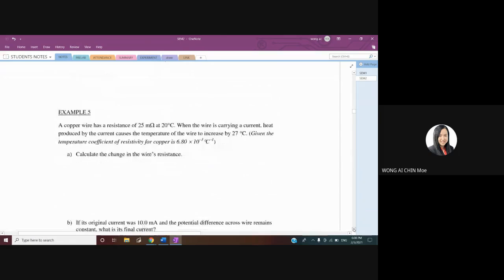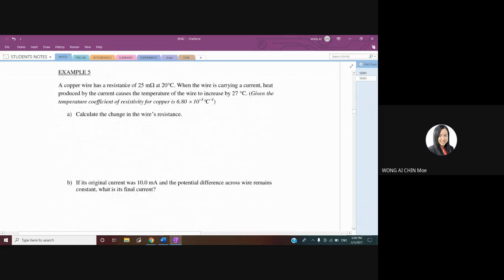A copper wire has a resistance of 25 milliohm at 20 degrees Celsius. When the wire is carrying a current, heat is produced by the current, causing the temperature of the wire to increase by 27 degrees Celsius.